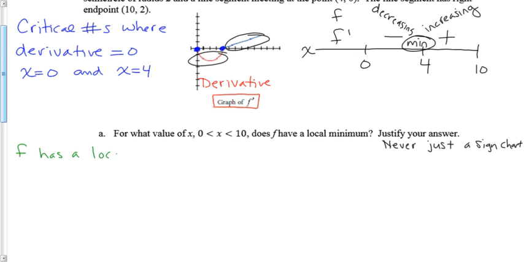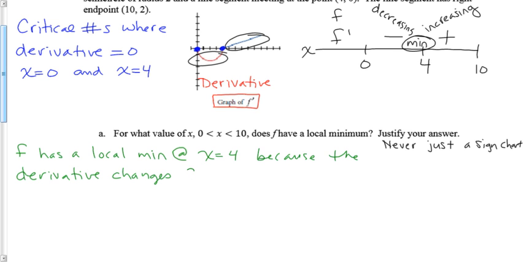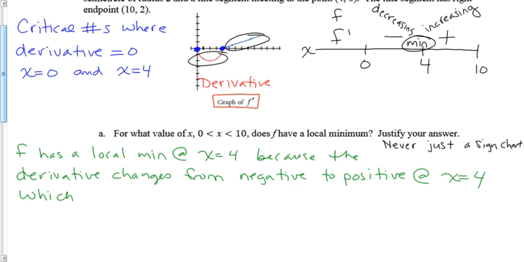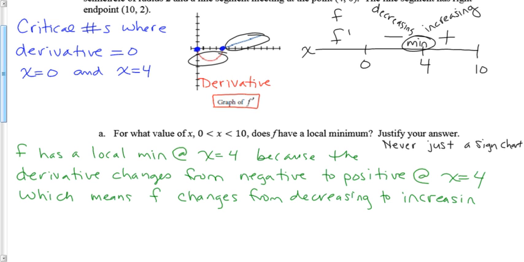Yes, f has a local min at x is equal to 4 because the derivative changes from negative to positive at x is 4, which means now I need to talk about what that means about the function, which means f changes from decreasing to increasing, making it a local min at x is 4.